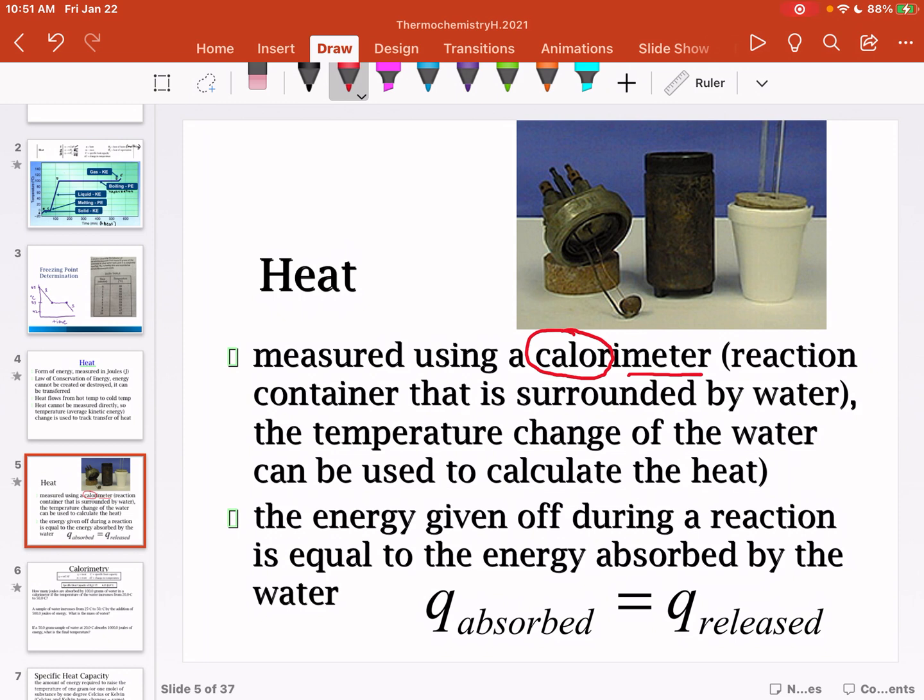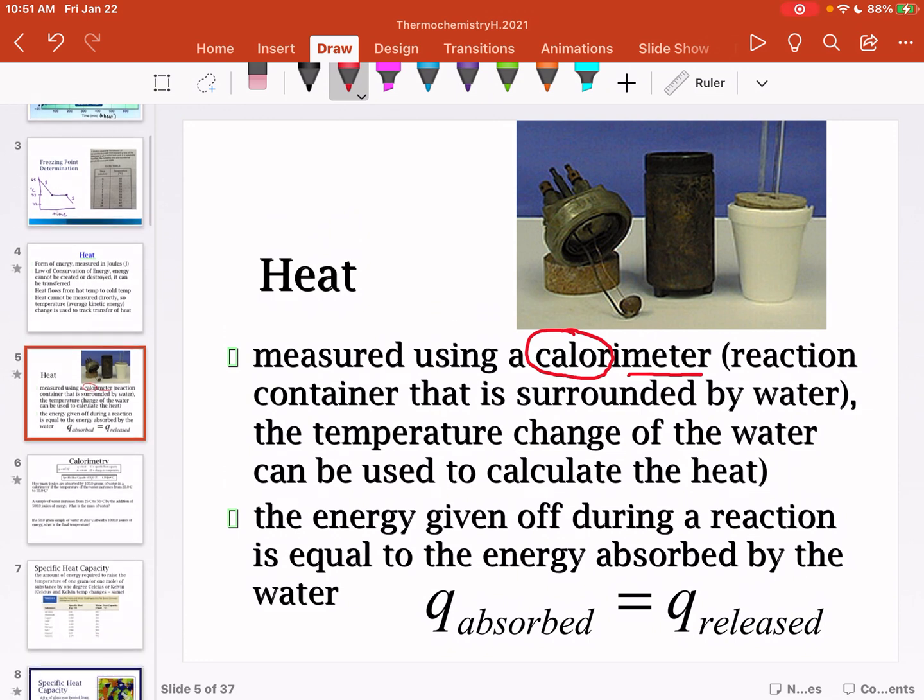What we are doing is putting this chamber in some water and tracking that temperature change of the water. And we know that whatever lost the heat is going to gain the heat. And as we said, we cannot lose any heat. So whatever energy is released, that cooler object is going to absorb it.